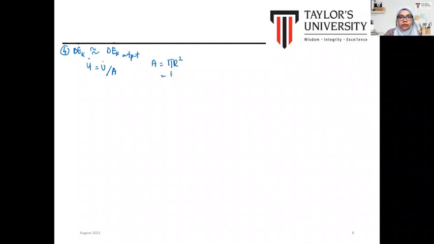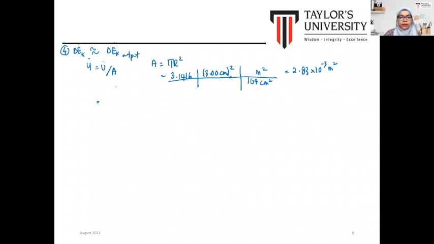And then you can insert the value, 3.1416. r here is 3.0 cm squared. And then we need to convert the unit, 2.83 times 10 to the power of minus 3 m square. And then you can determine your u here from the V.